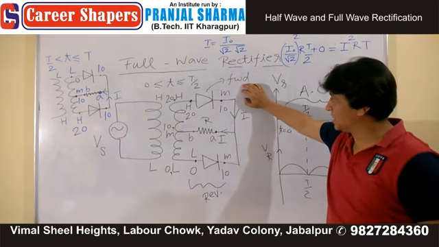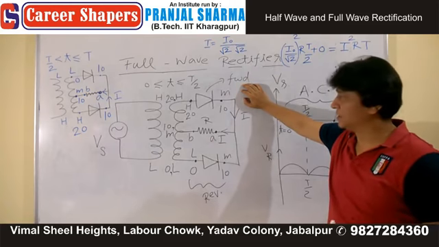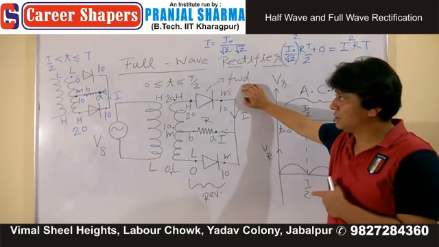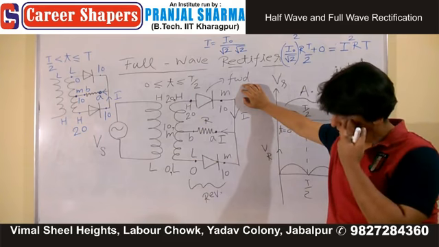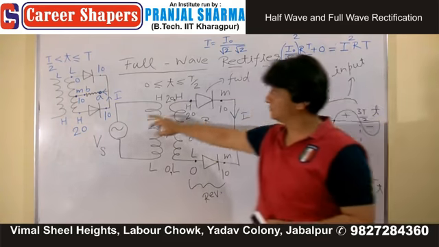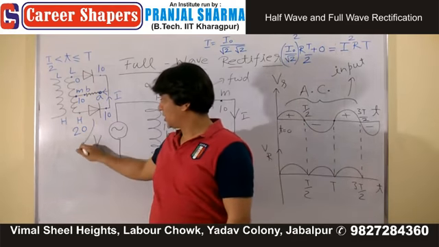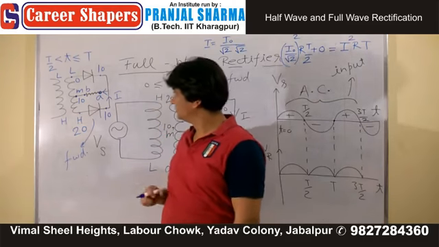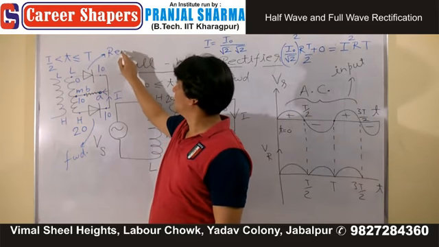In the next half cycle, bottom diode is in forward bias and upper is in reverse.